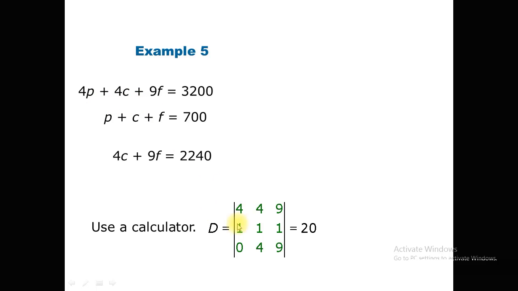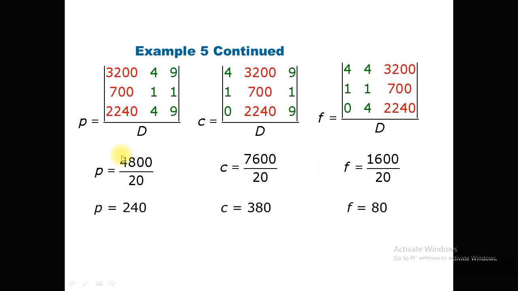So, to find the determinant of the coefficient matrix using any method or a calculator, you will easily get that the determinant of this matrix is 20. Now, to find the value of p, like the similar example, construct a new determinant dx and divide the value of dx by d. Similarly, for c, construct the new determinant dy and divide its value by d.